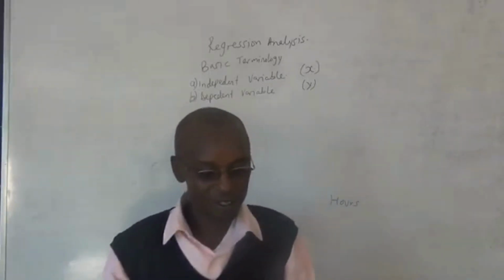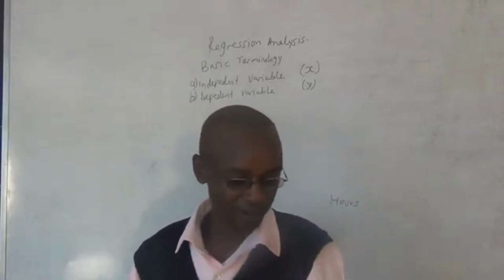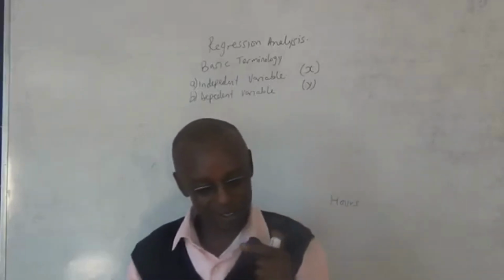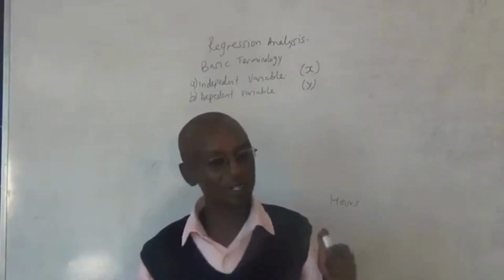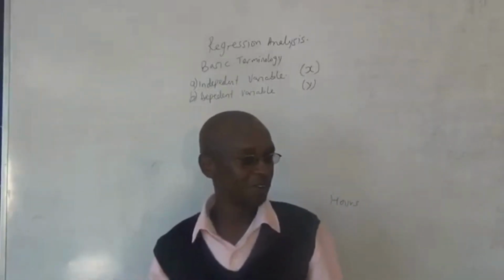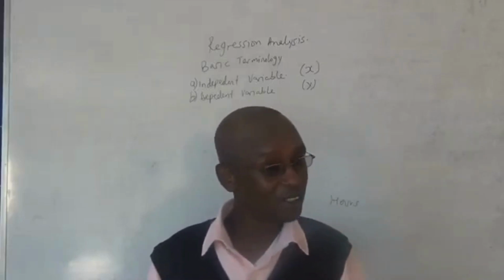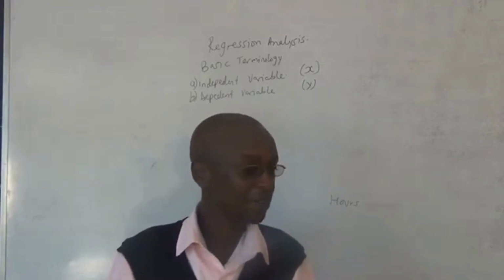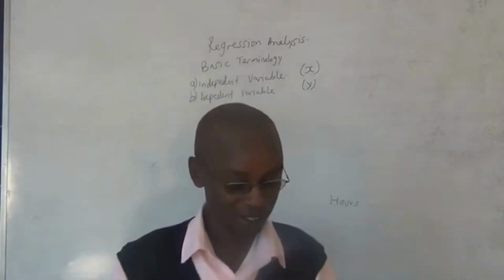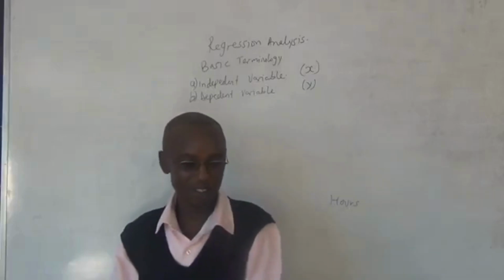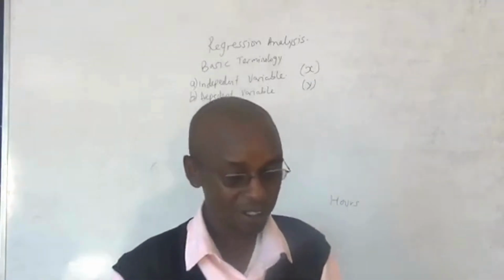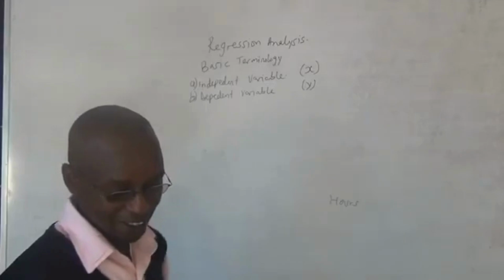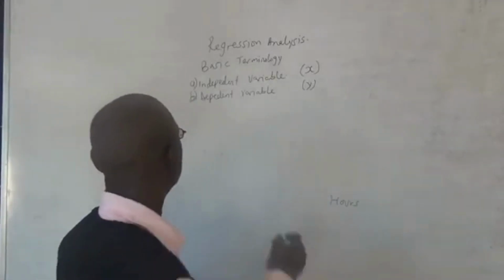Example: nilipeana independent variable ilikuwa gani ya kwanza? Advertising expenditure. Nayo dependent variable example ya kwanza itakuwa sales revenue. Sindio? If you advertise more, what will you get? More sales. Another example, examination marks. And the last example is crop yield. Tunaendelea pamoja.